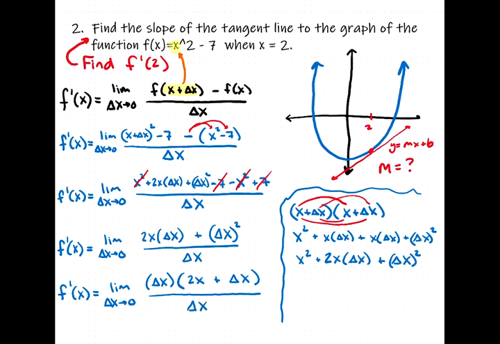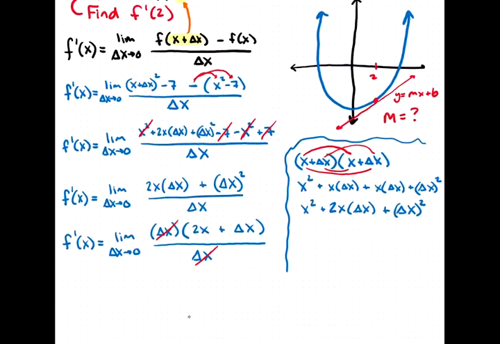Okay, now finally we could cancel off that delta x in the denominator. So it looks like we're at f prime of x is equal to the limit as delta x goes to 0 of 2x plus delta x.